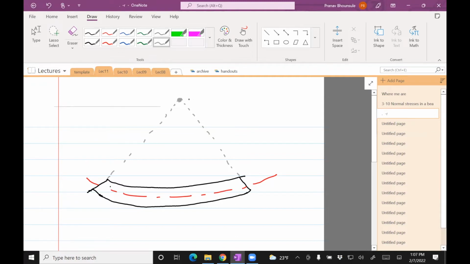Let's say that the radius of this circle is capital R, which clearly depends on how much you bend this specimen. And let's say that the angle made by the loaded specimen with respect to the center is theta.